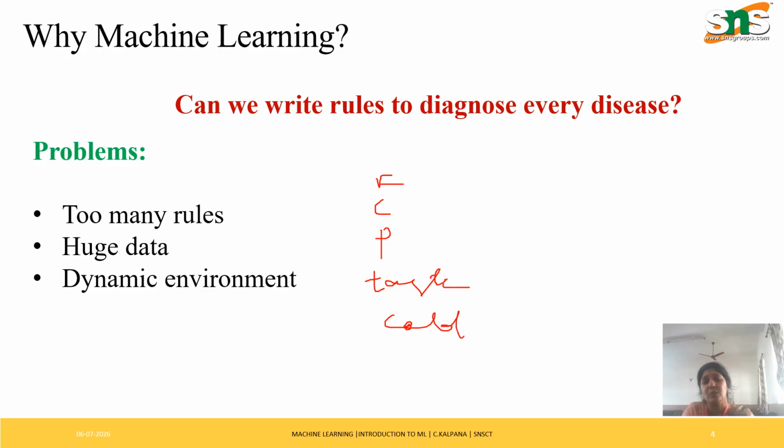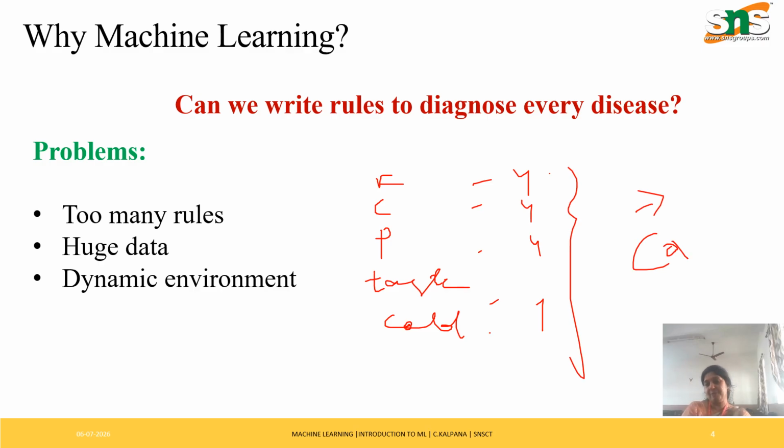I have listed only 5 features, but there may be more than 10, 15. If all these features say yes, yes, yes, then for example, we can conclude that a particular person is affected by COVID. This is for one person, I am telling.